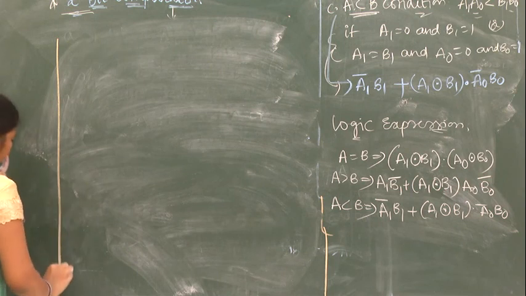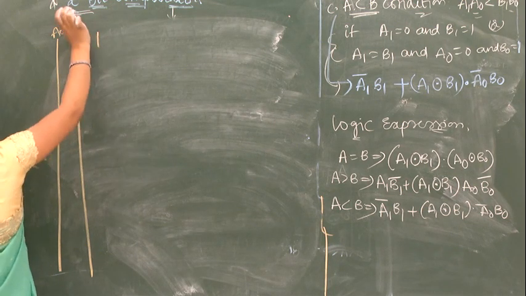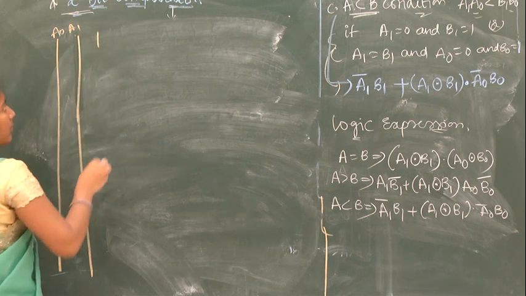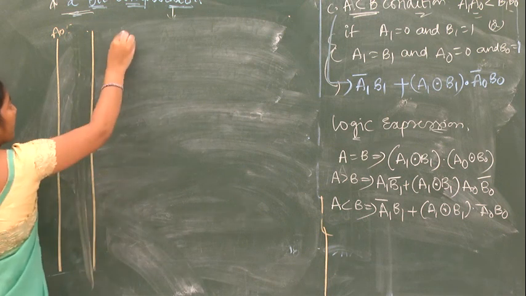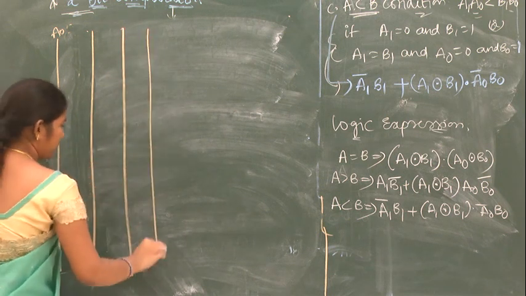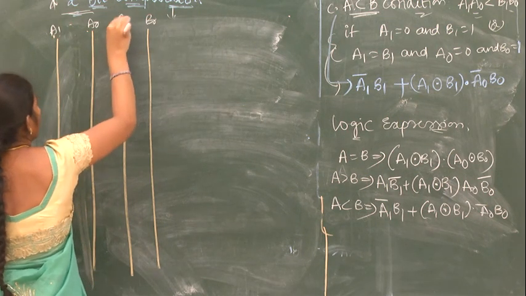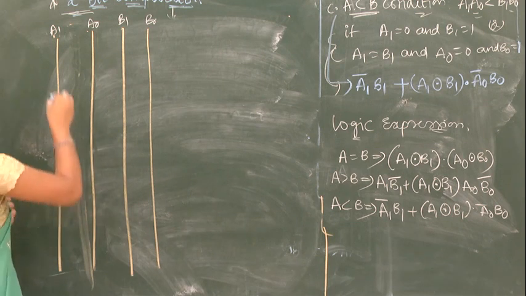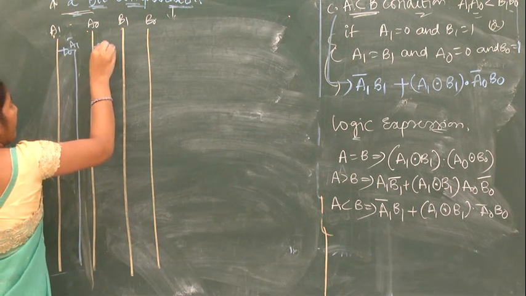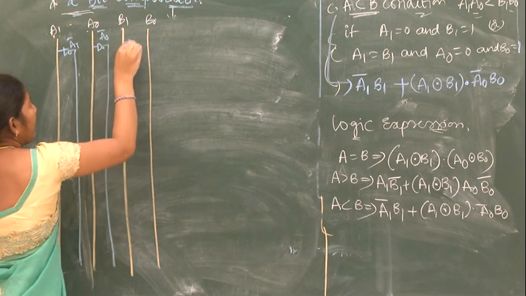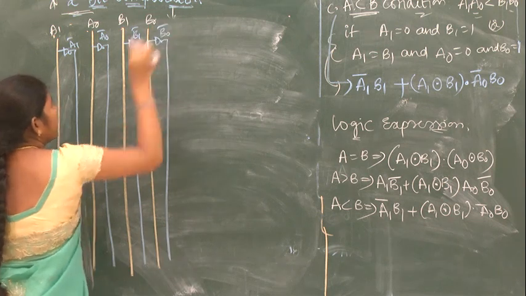Here the inputs are A0, A1, B0, B1, 4 inputs, and the complemented inputs I am considering like this: A1 bar, A0 bar, B1 bar, B0 bar.